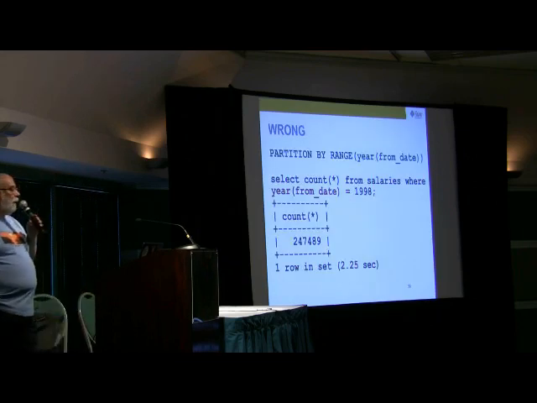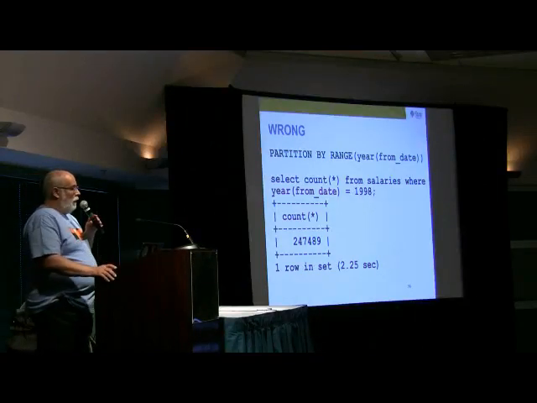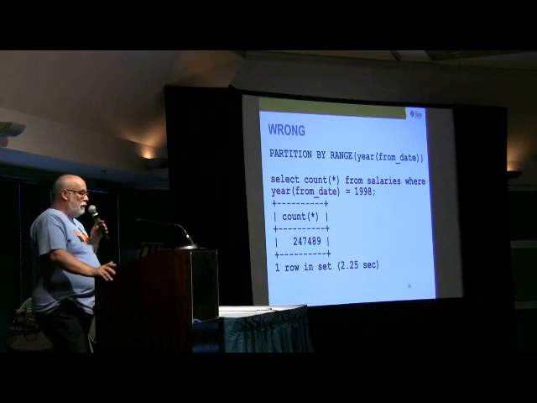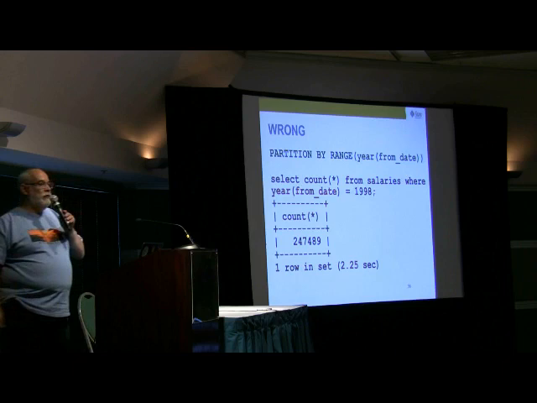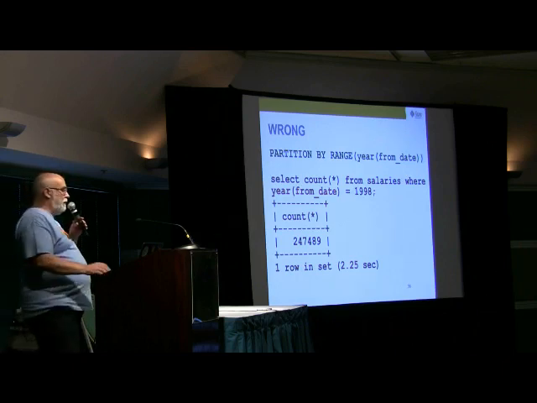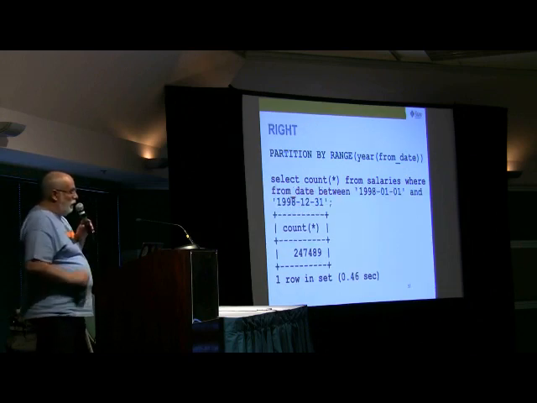Example, you have partition by range, year from date, and you select using year from date in the where clause. Wrong. Why? Because the partition pruning doesn't kick in. So in this case, it takes 225 seconds, meaning that you have a full table scan.